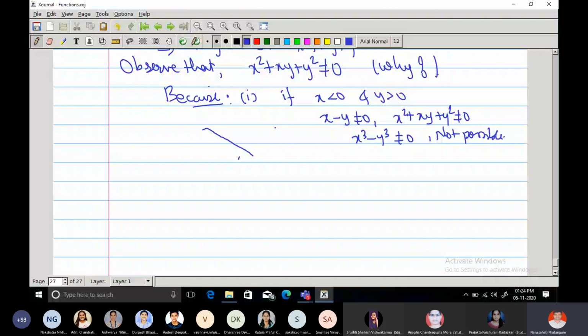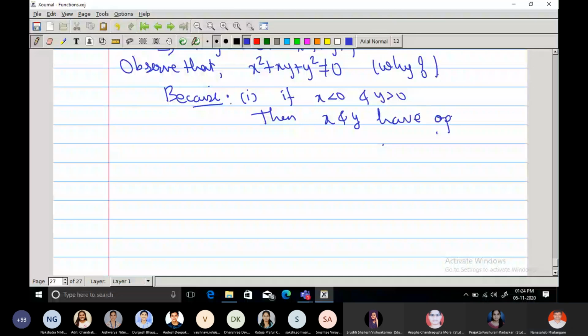What I want to say is, if x is negative and y is positive, then x and y have opposite signs, and therefore x cube and y cube also have opposite signs.